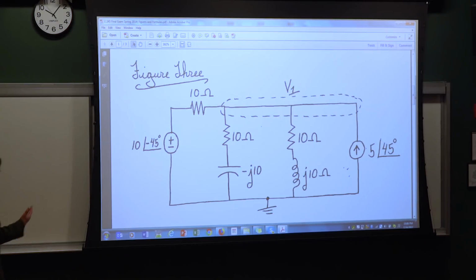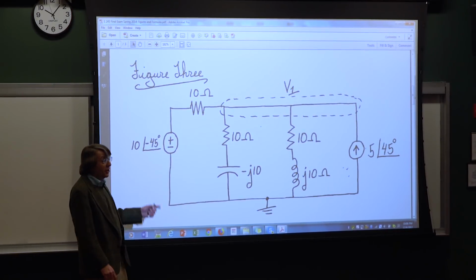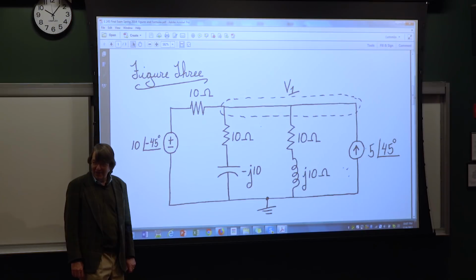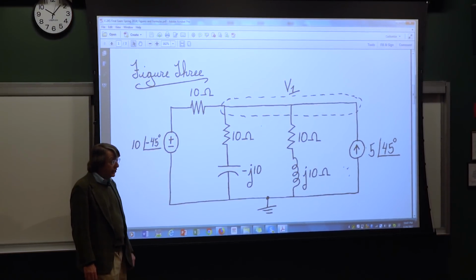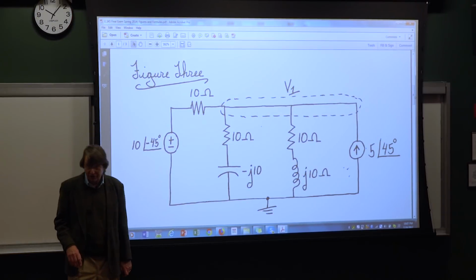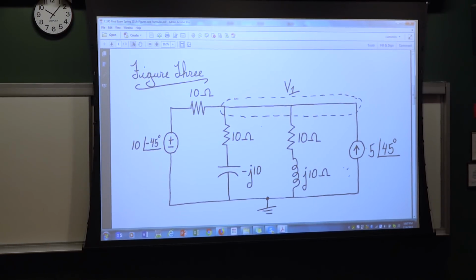So where am I? Where I hang out. I'm in the node. All right? I'm in the node, and I say, I got to write the nodal equation here. You can do this. So what I get is V1 minus 10 at an angle of minus 45 degrees divided by 10 ohms.